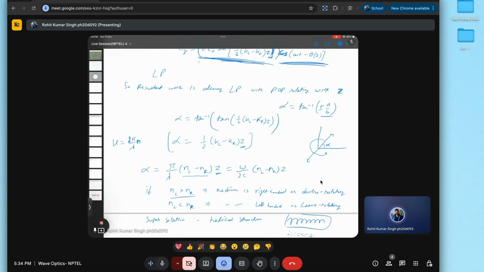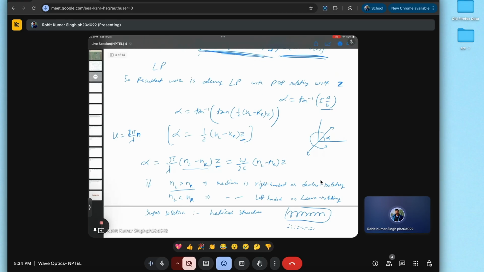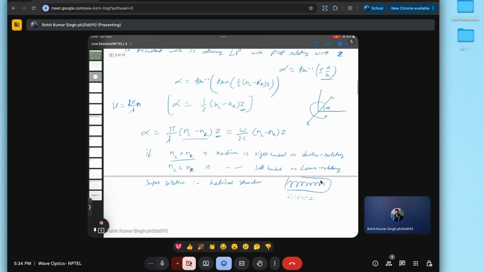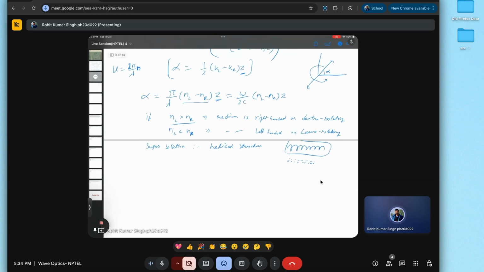Basically it introduces some phase which is different for right circularly and left circularly polarized light, because it is helical. So your right and left circularly polarized light is going like this, right? So that's why this helical structure affects this kind of wave differently.